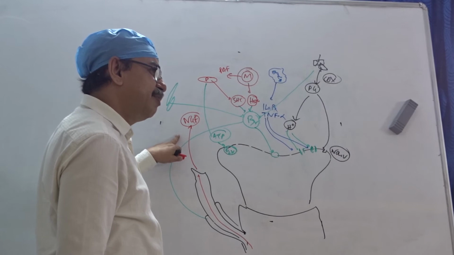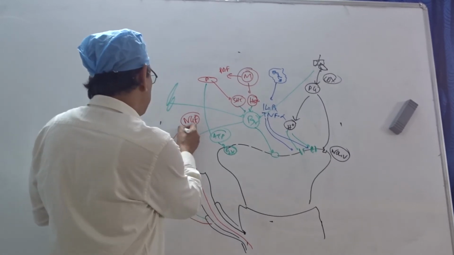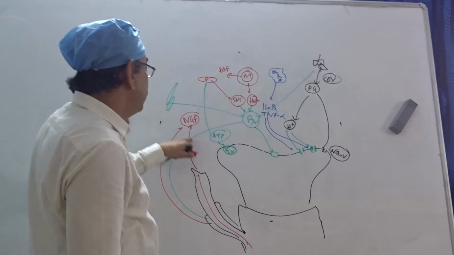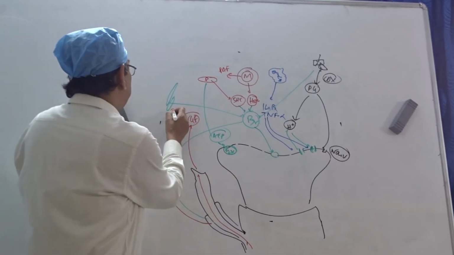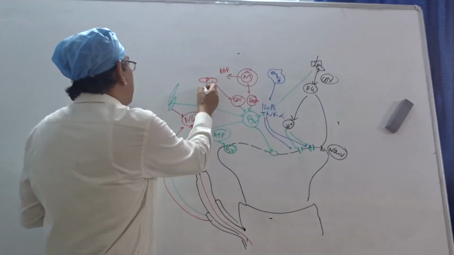It comes from the central nervous system, and also it comes from the Schwann cells also. Schwann cells also can prepare this nerve growth factor. These nerve growth factors can be prepared by many cells, like the epidermal cells, like the platelets.